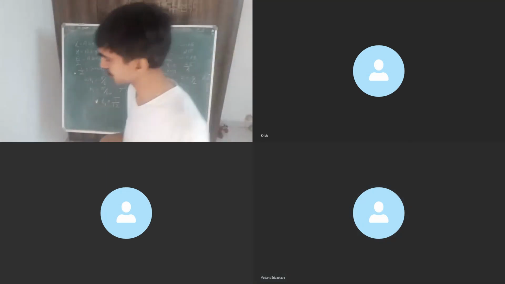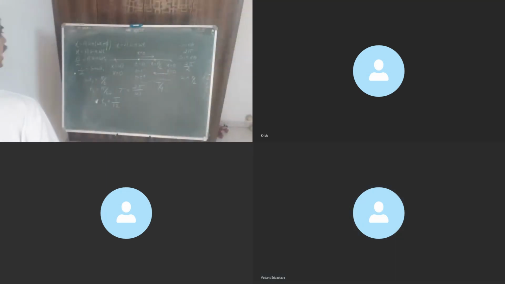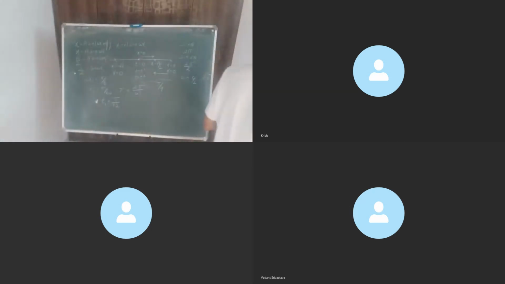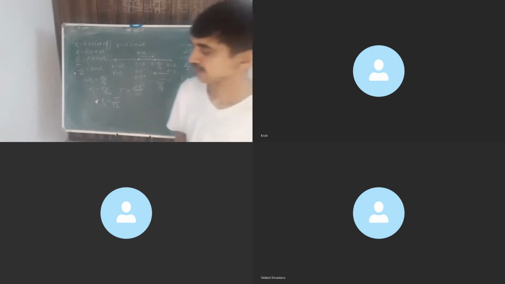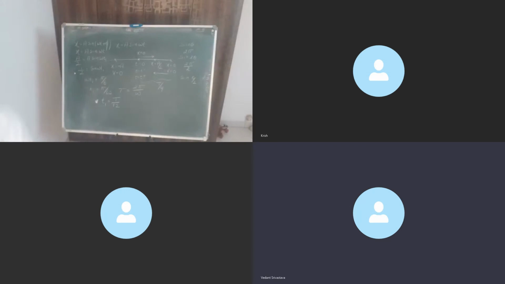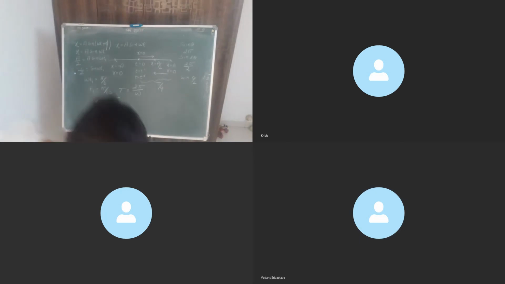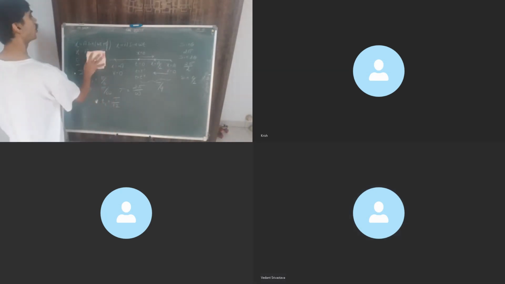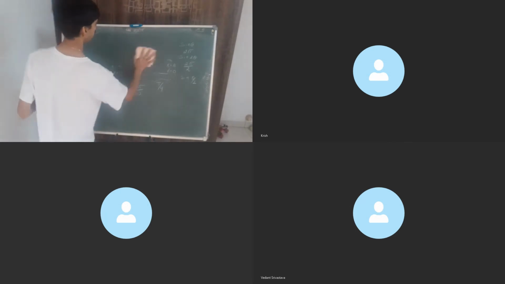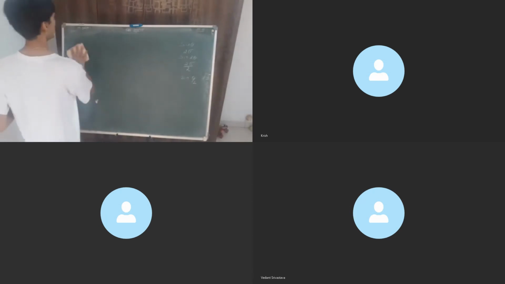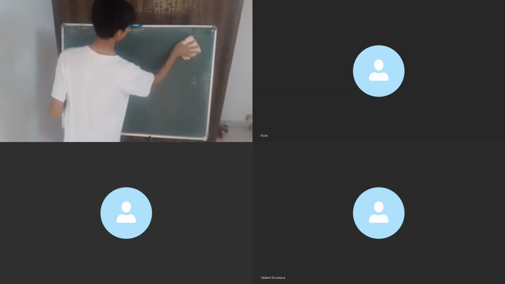A particle was seen at left extreme, given t equal to 0. Corresponding time.